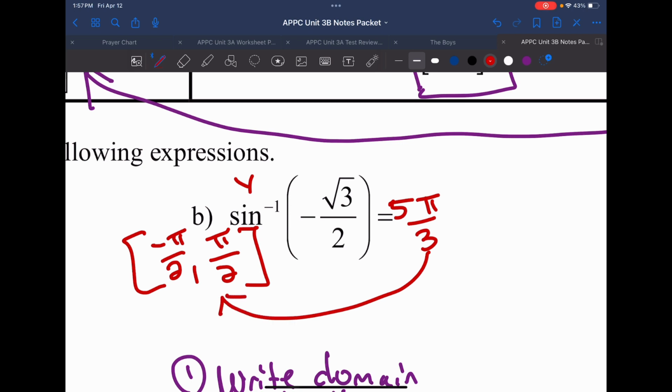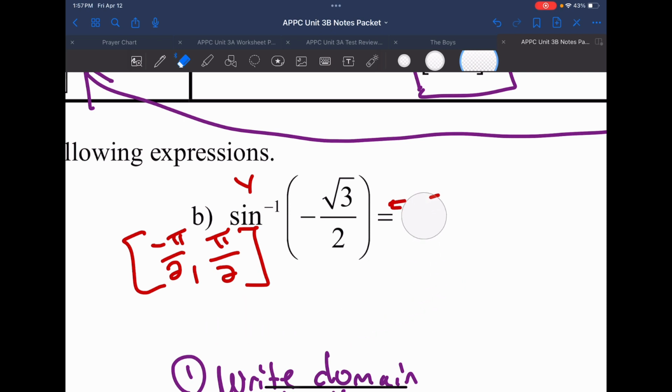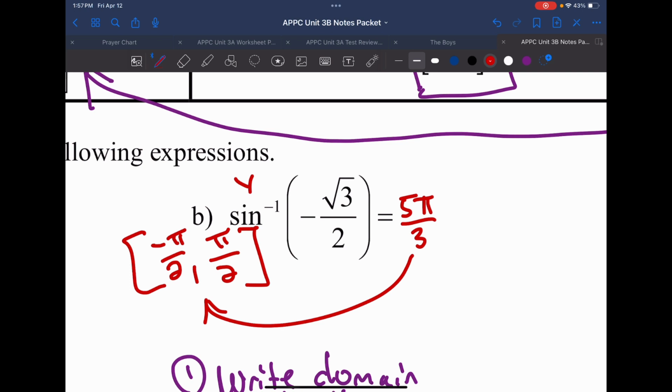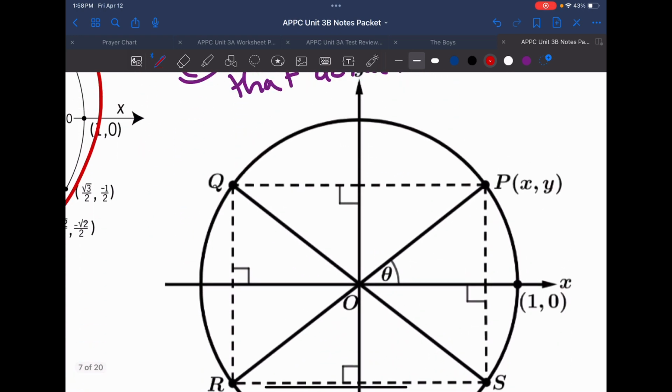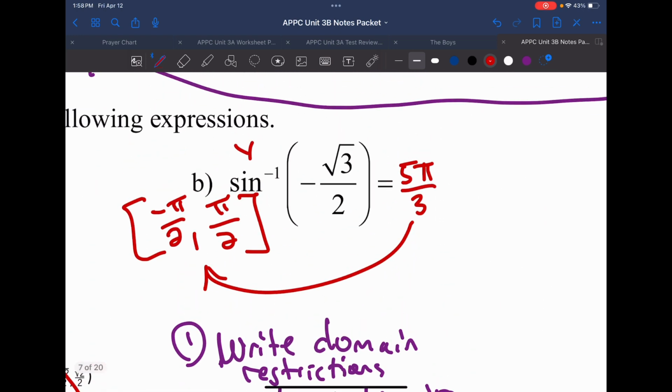Or my range, sorry. Is that in my range? No. Because 5 pi over 3 is going to be bigger than pi over 2. So we can write 5 pi over 3, but we need it between here. So we need to write it as 5 pi over 3 and subtract the period to get it in there.